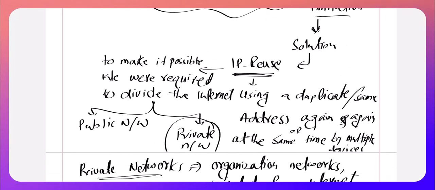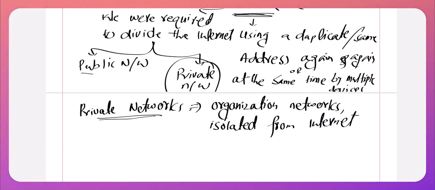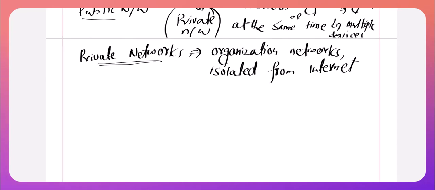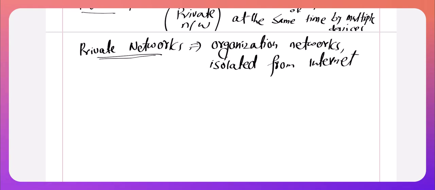So a solution was introduced, that was IP reuse. To make that possible, we divide the network into public and private. Private networks are organization networks, like your organization network, your home network, my home network, and they are isolated from the internet.